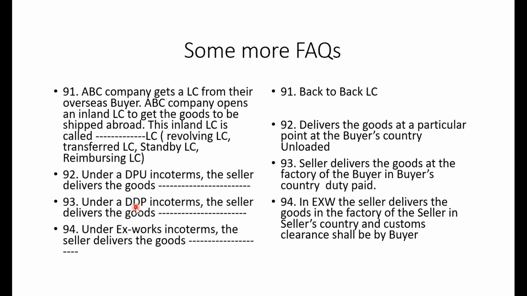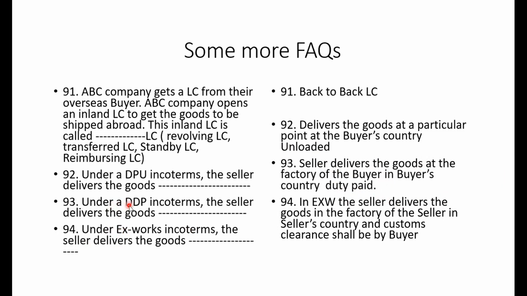DDP, they will ask DDP this time. Delivered Duty Paid. That means the exporter delivers the goods at the factory of the buyer in the buyer's country. After customs clearance, duty paid, everything, it will reach the doorstep. The extreme opposite is EXW. EXW means the buyer will collect the cargo at the exporter's factory in India.